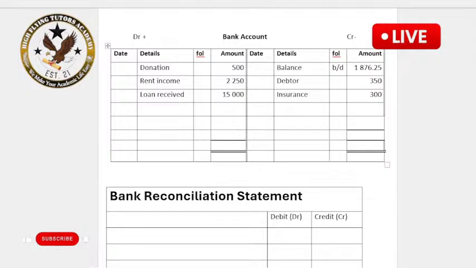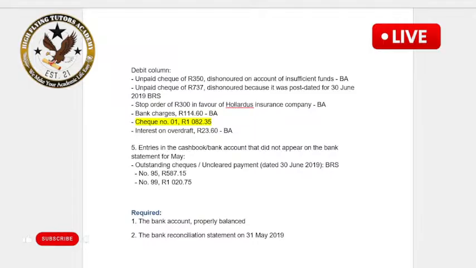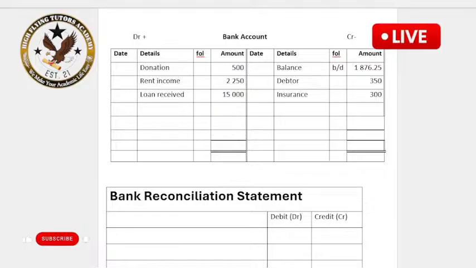And then the next transaction is bank charges, not interest on overdraft but bank charges. We've got bank charges of 114 and 60, right? So bank charges are a payment that you are making from the bank.